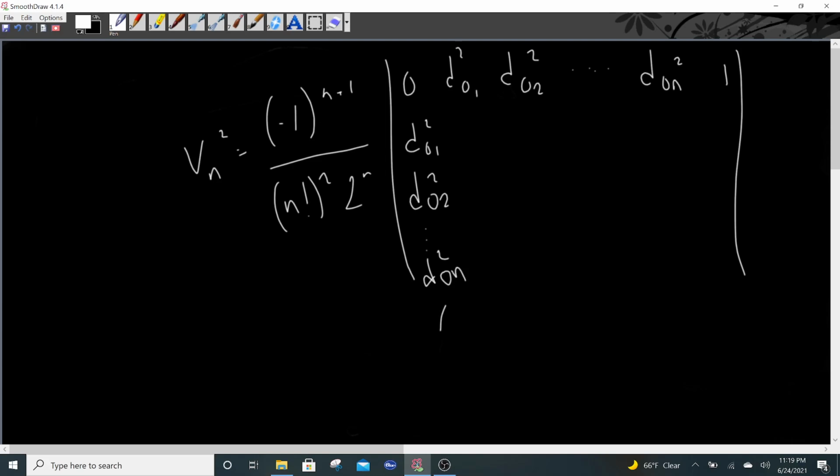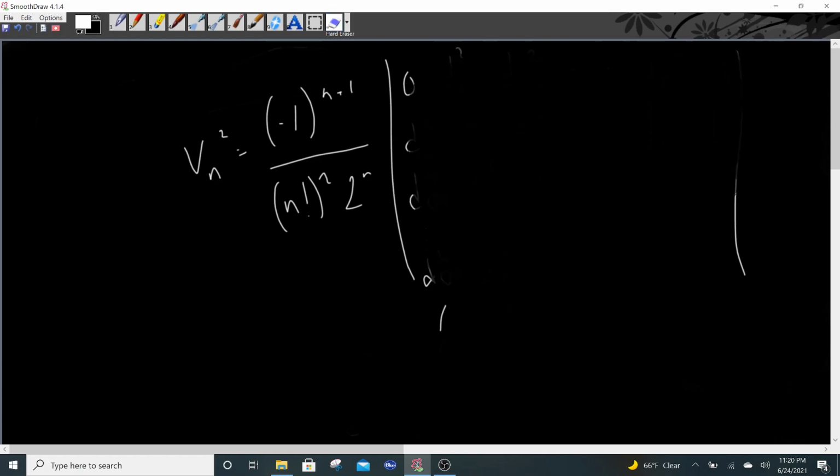This would be 0, and then this would be d12 squared, and then 0, and this goes on till you get to d1n squared, and then 1, and that general pattern continues. This just goes on for the rest of your matrix until you find what n is. For us, it's going to be 2.